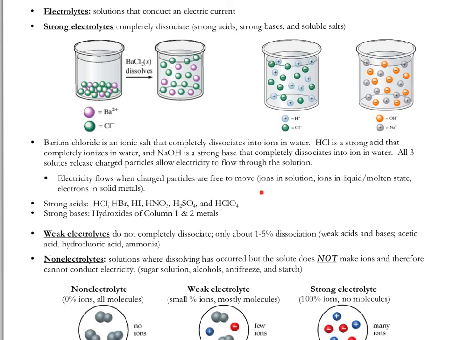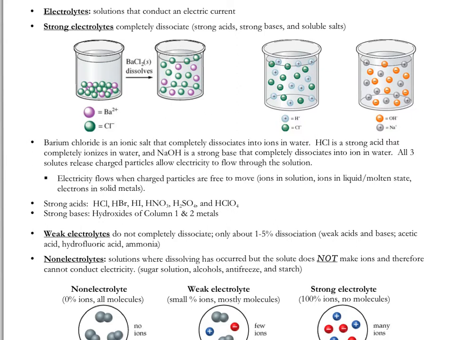So it happens whenever we have an ionic compound dissolved in solution, an aqueous solution. If we took barium chloride or sodium chloride and melted it, so not dissolving it but heating it up thousands of degrees and turning it into a liquid, it would conduct. Or this happens in solid metals because the electrons can move around.